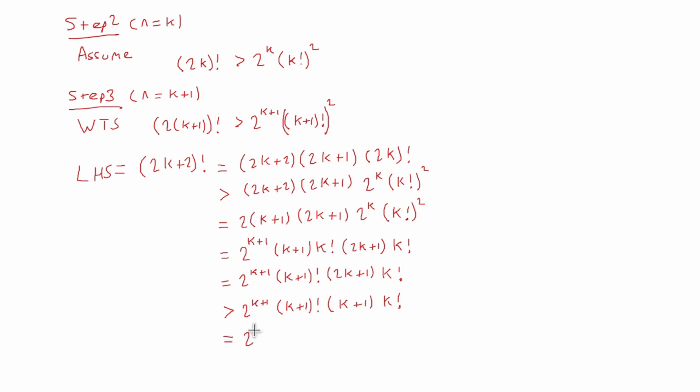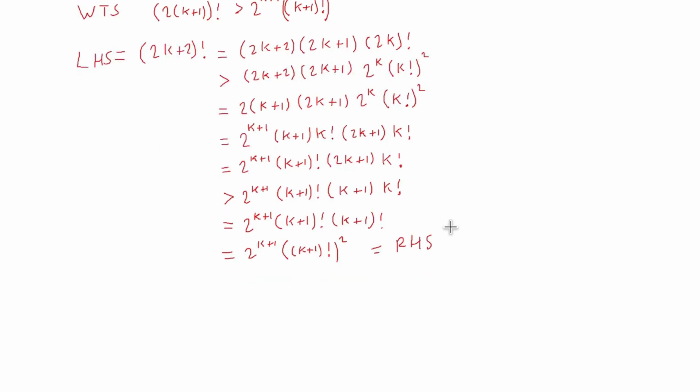But now this we can simplify into 2k plus 1, k plus 1 factorial, and then here I've got k plus 1 factorial, which is 2 to the k plus 1, k plus 1 factorial squared, which was my right-hand side. So here I have shown that the left-hand side is greater than, I've used the greater than at 2 stages, but that's fine, greater than this one. At no point did this go less than, it only ever went greater than. So this is definitely bigger than this.